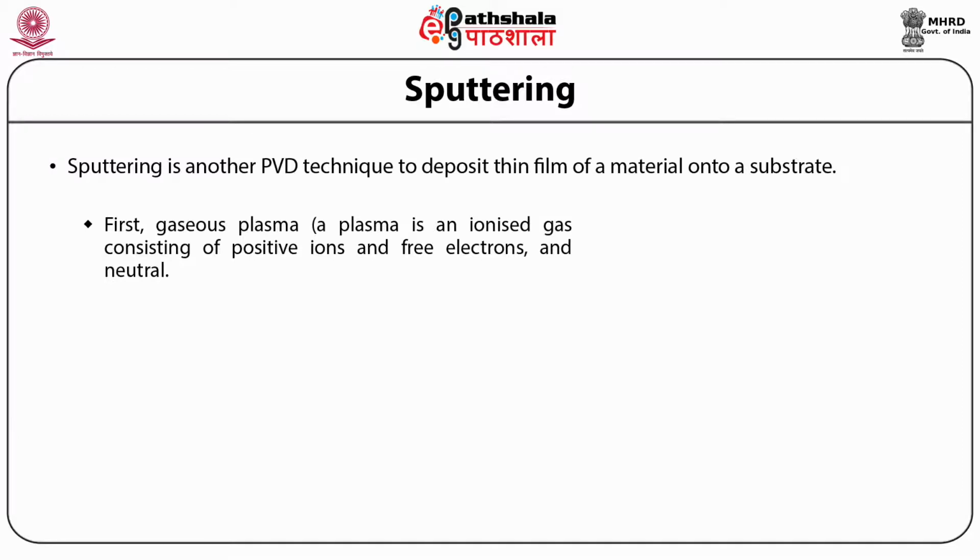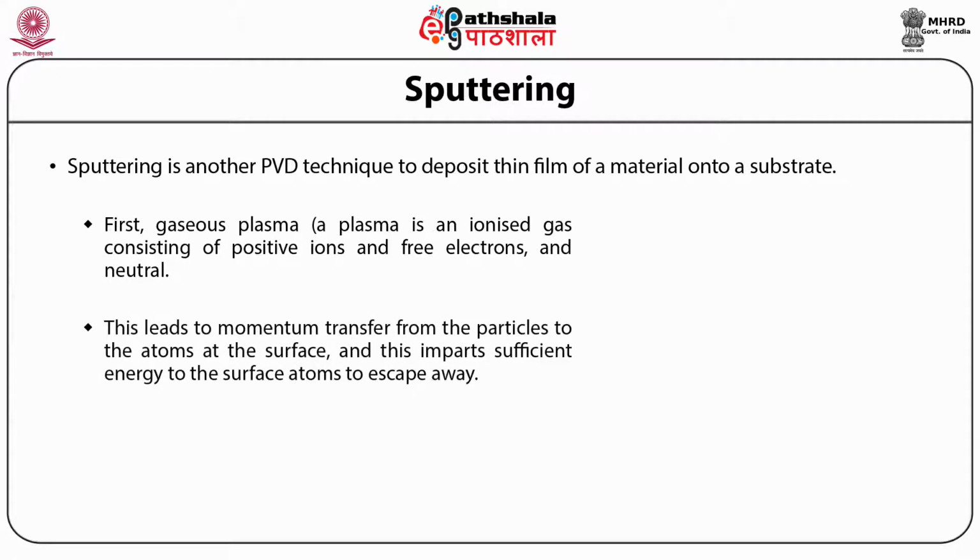Basically, it's the fourth state of matter, created in the vacuum chamber, and then the ions are accelerated from this plasma into some target source, that is, bombardment of high speed particles with the source material.